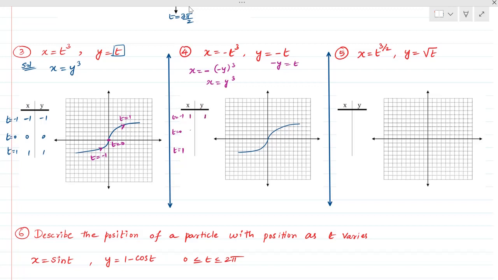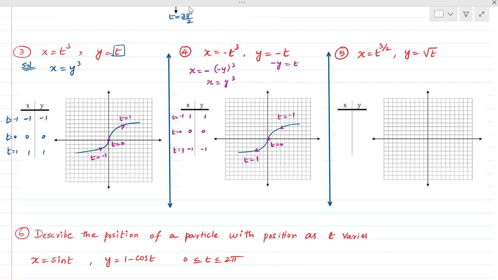Here it becomes plus 1. 0, 0 and minus 1, minus 1. So it will move from the right to the left. So right to the left. So this is t equal minus 1. You will get a negative value, and this is t equal 0, and this one is t equal 1. So same graph, but due to the minus sign, the direction is opposite.